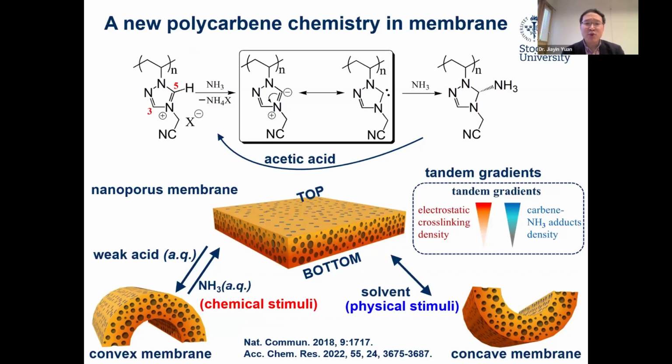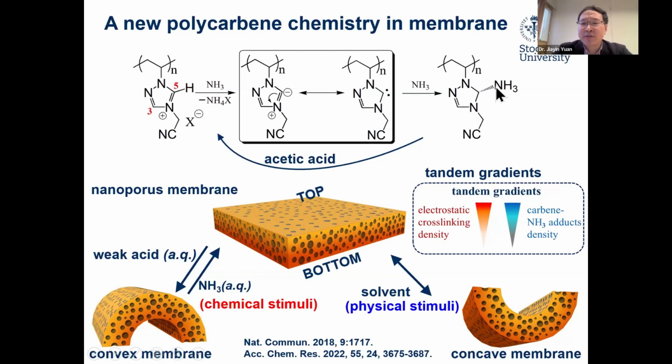Later, another chemistry we discovered in this porous membrane is related to the triazine. When we apply the triazine for the membrane fabrication, we introduce a new set of chemistry, carbene chemistry. Since the triazine cation is a precursor of carbene, when you use the polytriazine for membrane fabrication in aqueous ammonia solution, the ammonia deprotonates the proton at the C5 position and forms a carbene intermediate.